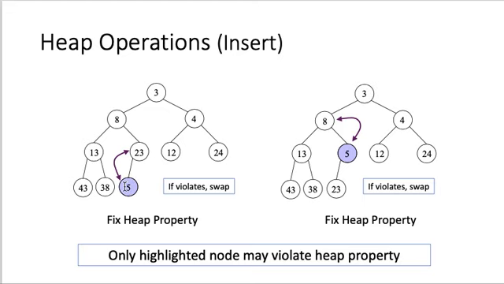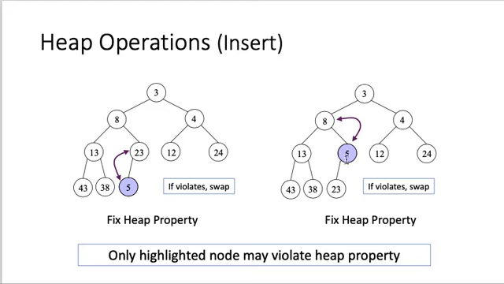We will see that this 5 and this 23 are not in the correct order. So in that case, we are going to swap them, exchanging the content inside. After this, we will now have 5 here and 23 here. We will also see that this 5, which is the highlighted node, has now moved up one level.